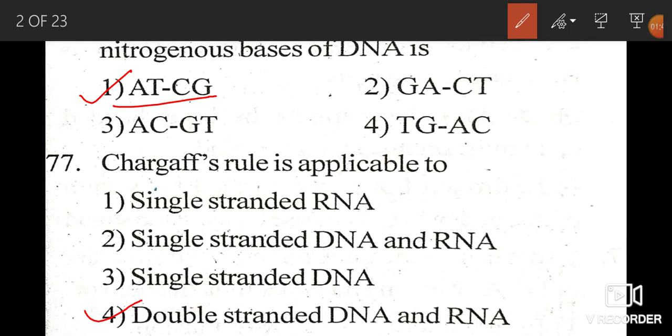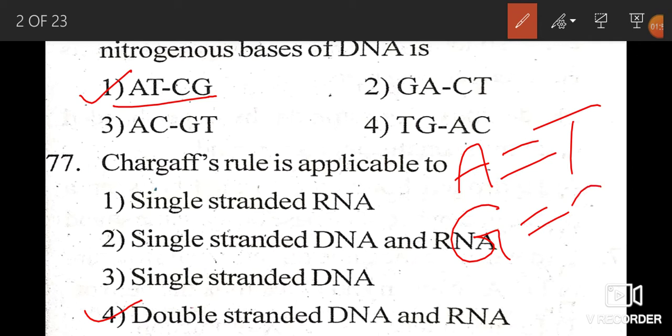The number of purines equals the number of pyrimidines. That is Chargaff's rule. The number of adenines equals the number of thymines, and the number of guanines equals the number of cytosines. So this rule is applicable only for double stranded DNA and RNA.